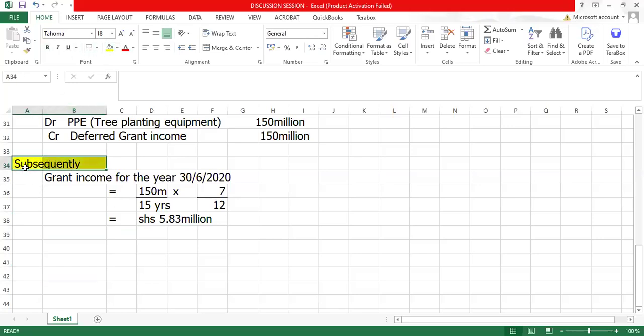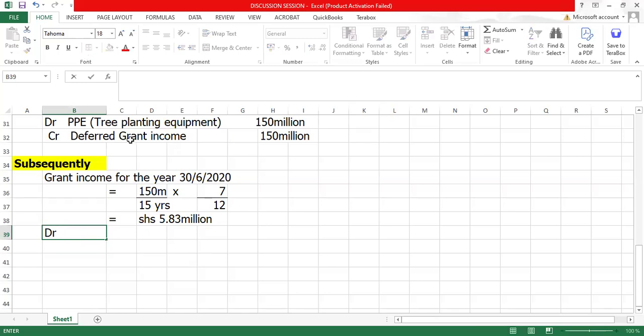Okay, let's continue for now. Please, if you have a question, ask. So in our income statement for the year ended 30th June 2020, we are going to recognize this as well. This will be an income, so you're reducing this liability. The entry you can make here is you debit, you reduce the liability. Remember, deferred grant income is a liability.